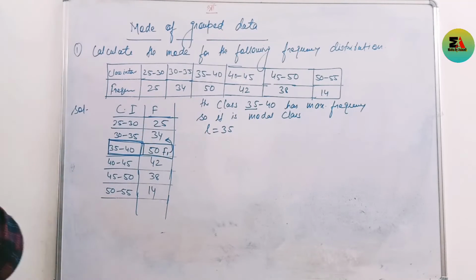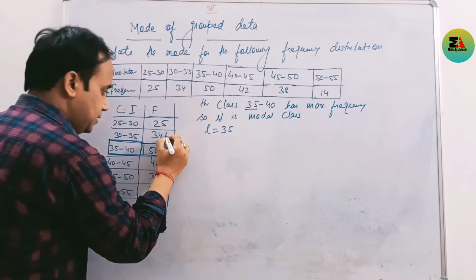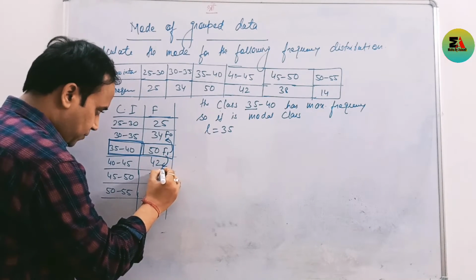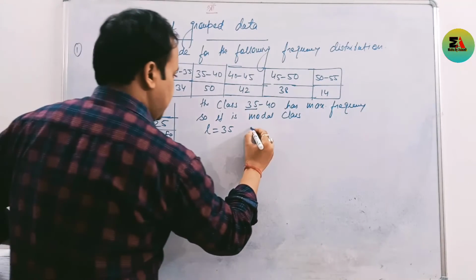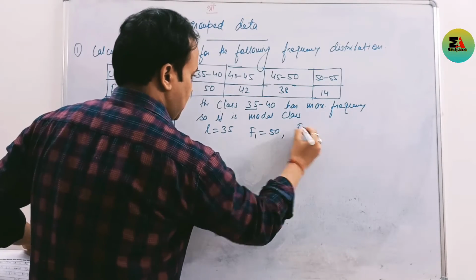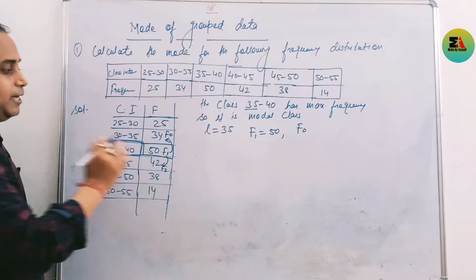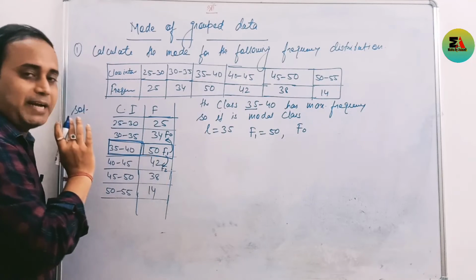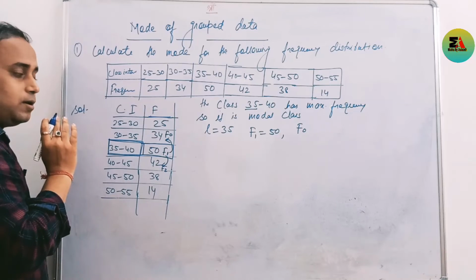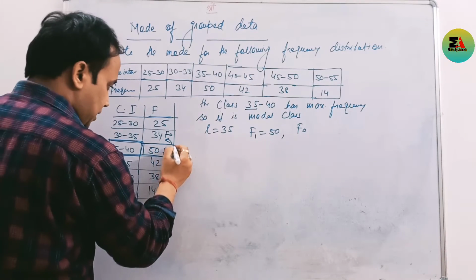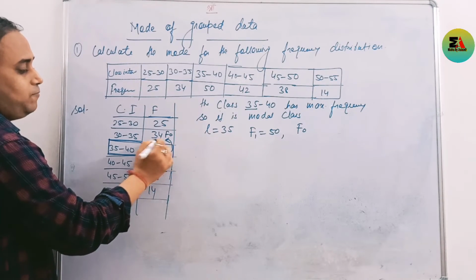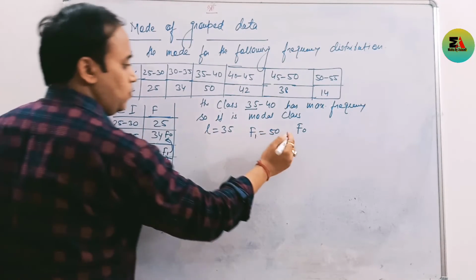F0 is our preceding one, the one just above, and the one just below, the succeeding one, is F2. Here F1 is 50. I repeat once again, you just have to check which frequency is maximum; that is F1, and this is your modal class. The one just above is the preceding one, F0, which is 34.